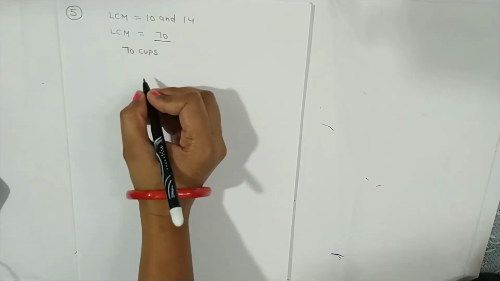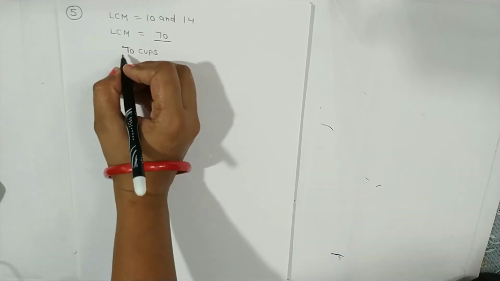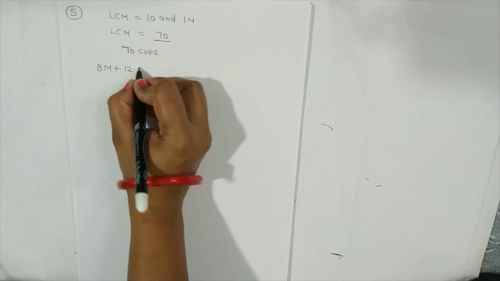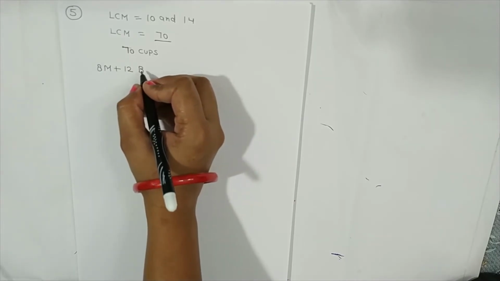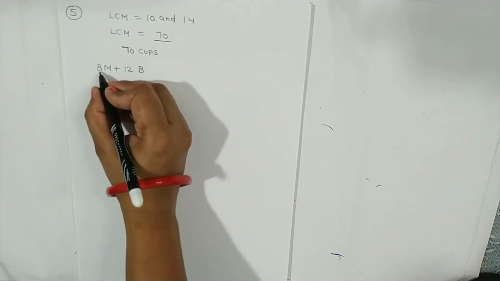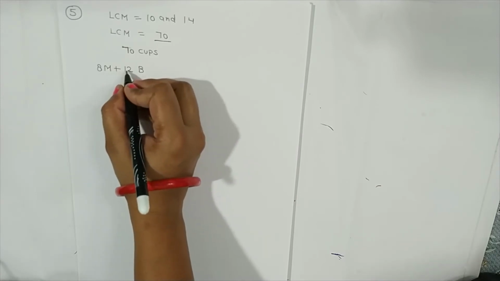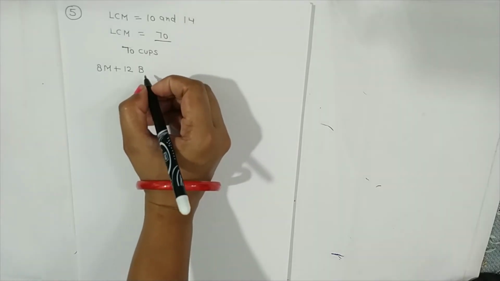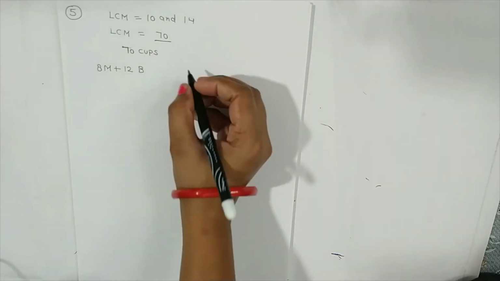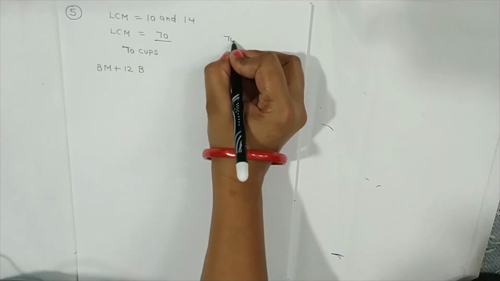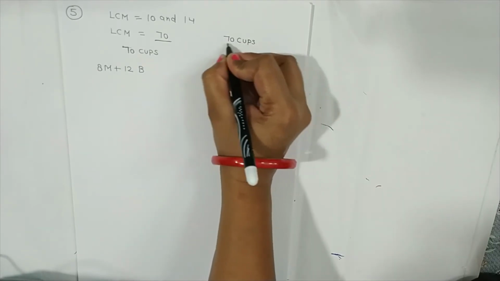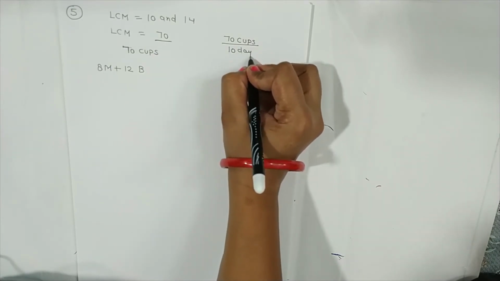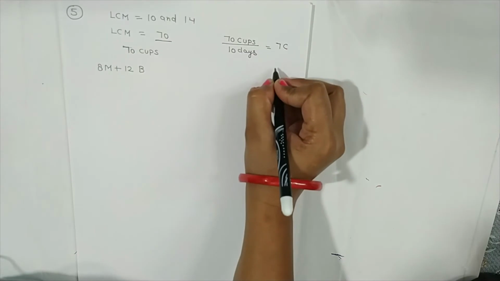Now again I repeat the question. 8 men and 12 boys can finish a piece of work in 10 days. It means 8 men plus 12 boys, how many cups make in 10 days? So 70 cups divided by 10 days, it means 7 cups.